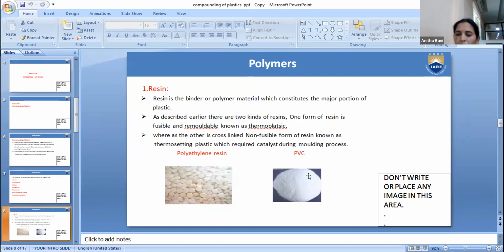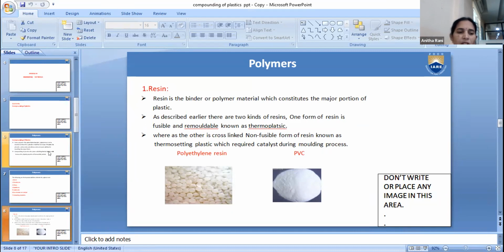Looking, everybody, white powder you can see. Now take one container. In that you take first polyvinyl chloride. So you want to make one pipe or any raincoat with polyvinyl chloride. First, you will take polyvinyl chloride in one container.